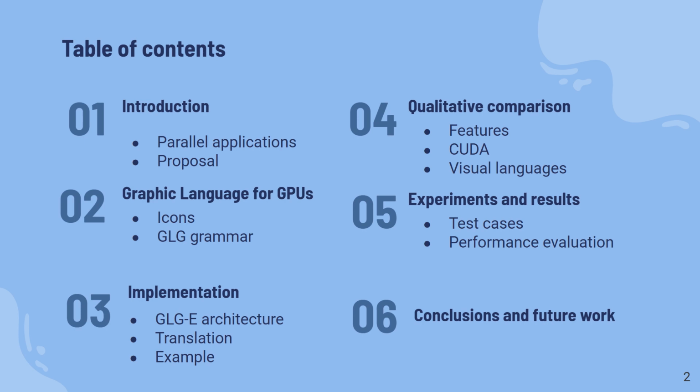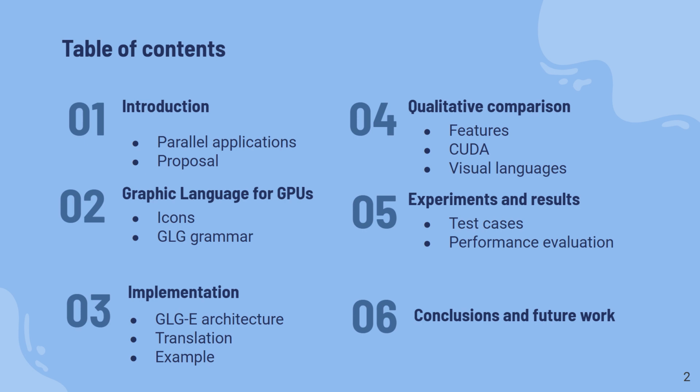I will give you an introduction to parallel computing, its challenges and alternatives to facilitate development with visual languages, and then I will present my proposal. I will explain how the GLG development environment is built, the icon properties, and how the translation to CUDA code is done.